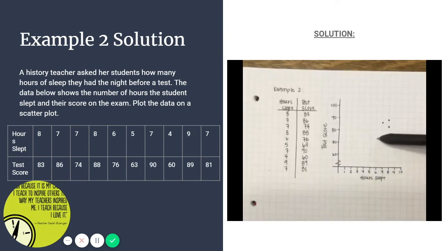It's going to be just above that 75 mark, which is right there. 5 hours, got a 63, so here's 5. I'm going to come down here halfway in between that 60 and 65 mark.